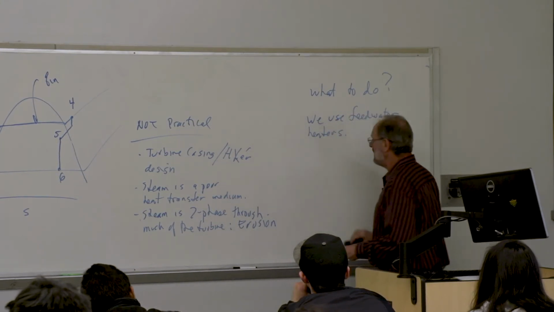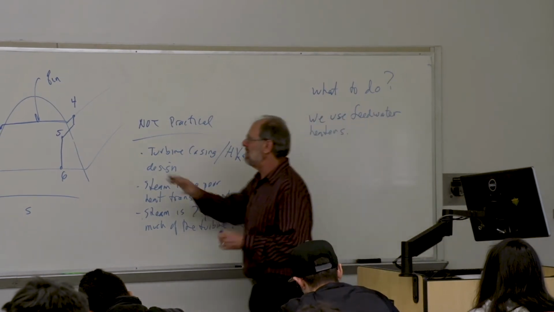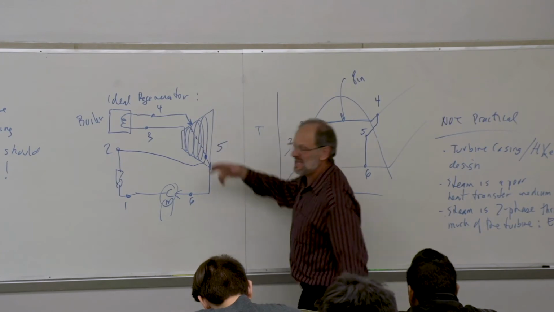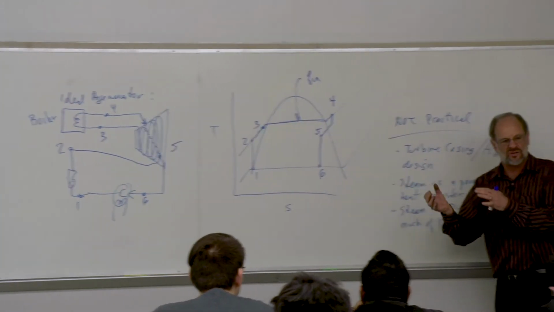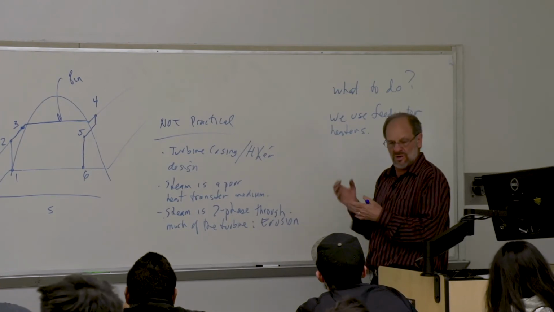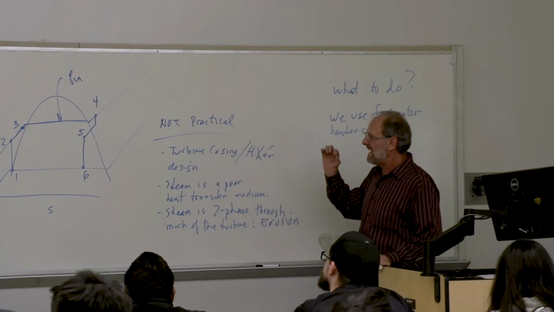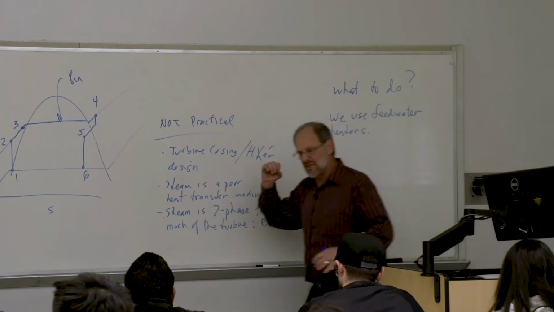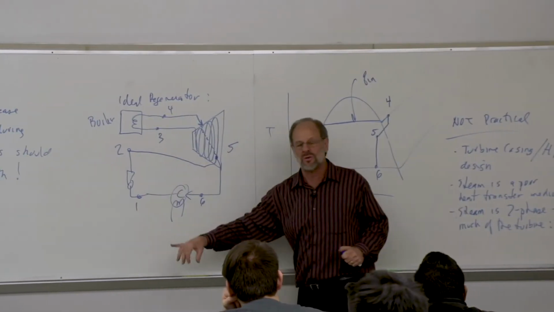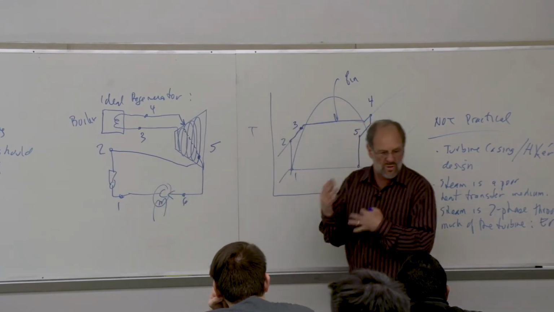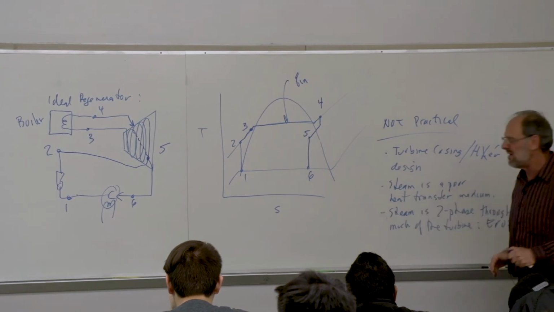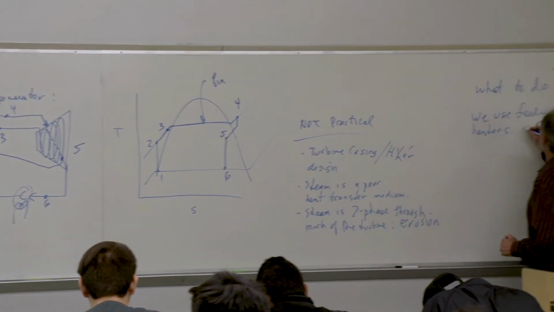And basically, we're essentially mimicking what's going on here, but rather than actually having a heat exchange process, we're going to draw some steam off of the turbine at some intermediate point. We're going to extract that steam, if you will, and we're going to either mix it directly with the liquid moving through this pump, or we'll go through a heat exchange process between the extracted steam and the pump. So we're going to use feedwater heaters.